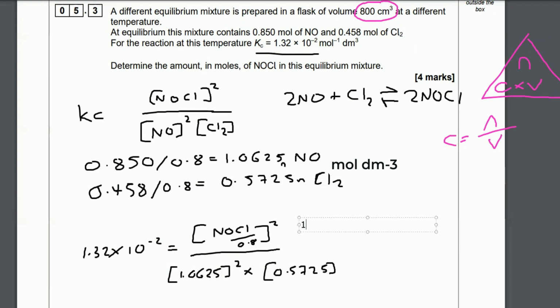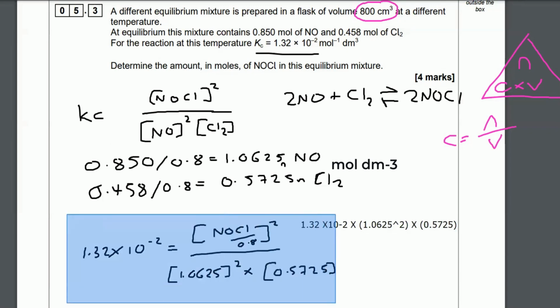So what I need to do is work out how I can isolate NOCl. So how we need to rearrange this, because I can do 1.32 times 10 to the minus 2, multiply it by 1.0625 squared times 0.5725, and that is going to be equal to the products.